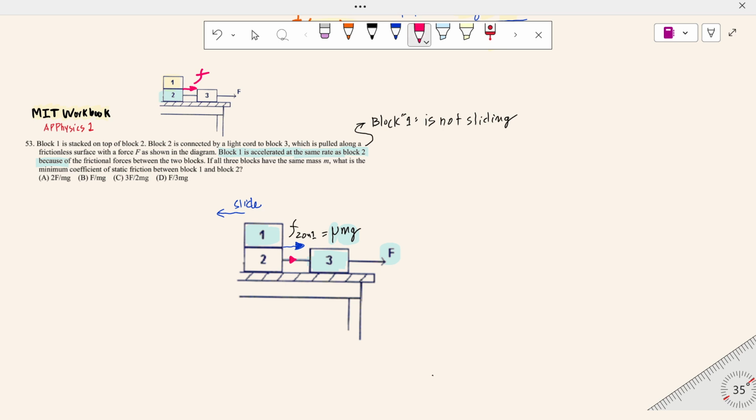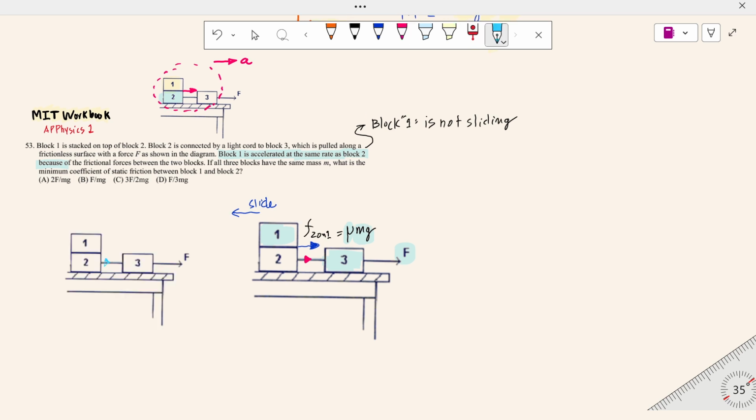Overall, the whole system is moving with the same acceleration, which we can find out. And by the way, all the internal forces are cancelling out each other. Let us see more closely that these are the action and reaction forces, the tension force in the string, which are balancing each other.